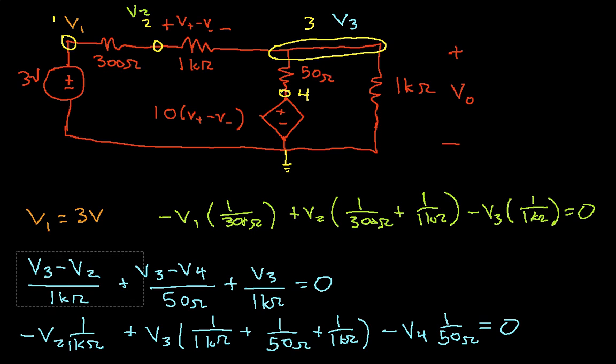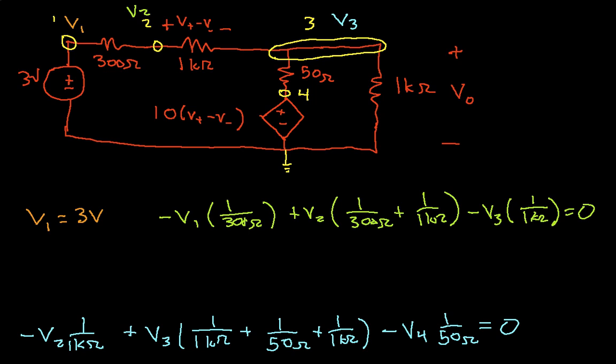I'll clean up just a little bit, although we won't really need much more space. Node 4, you'll notice, is connected to this controlled source. So V4 will be equal to 10 times (V plus minus V minus). But we know that V plus minus V minus, that is, this voltage across this 1K ohm resistor, is equal to V2 minus V3.